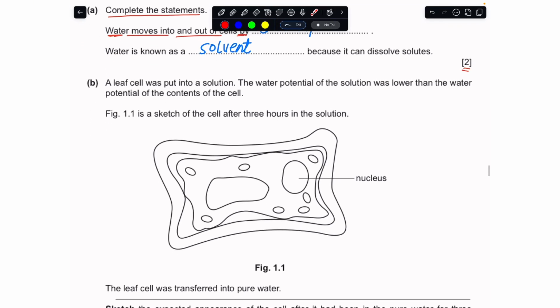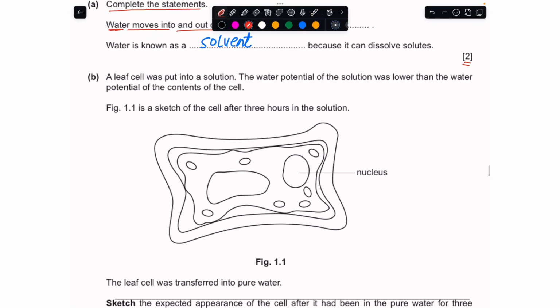If we move to part B, which they have shown us, they say that we have a leaf cell and this was put into a solution. The water potential of the solution was lower than the water potential of the content of the cell.